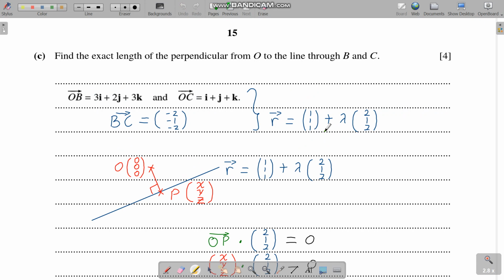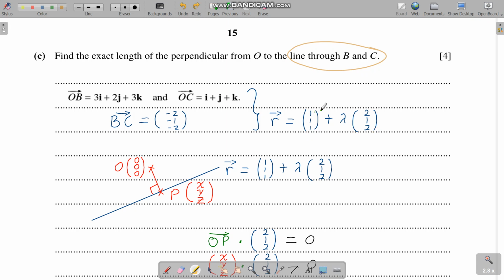Find the exact length of the perpendicular from O to the line through B and C. So we have this point B and point C. Previously we know this is the vector BC. To find the line through B and C, we can use point B or point C for the point vector here, and the direction BC or CB.